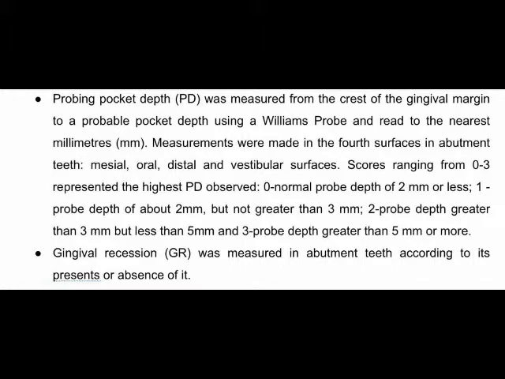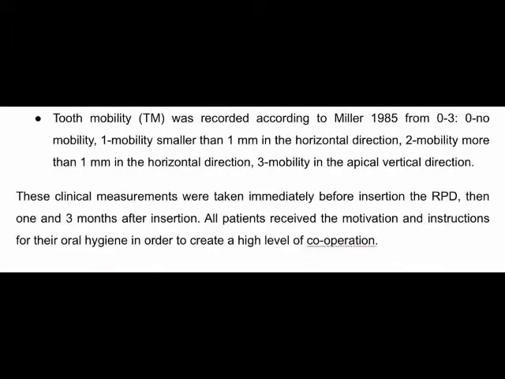Scores ranging from 0 to 3 represented the highest probing depth observed. 0 for normal probe depth of 2 mm or less, 1 probe depth of about 2 mm but not greater than 3 mm, 2 probe depth greater than 3 mm but less than 5 mm, and 3 depth of 5 mm or more.